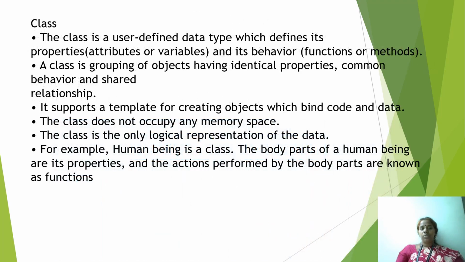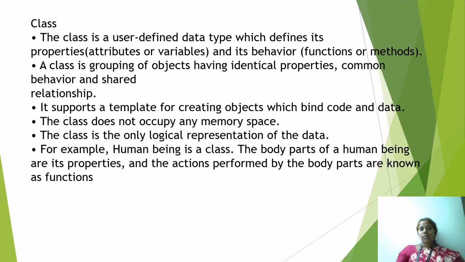Next we are going to see the object-oriented programming concepts. This is the first concept of OOPs. A class is a user-defined data type which defines its properties and its behavior. Property means attributes or variables, and behavior means functions or methods.